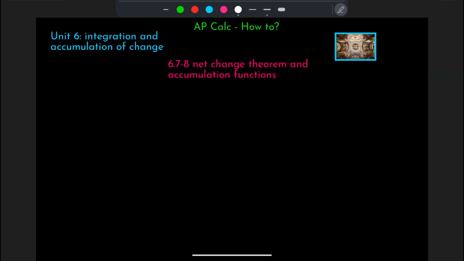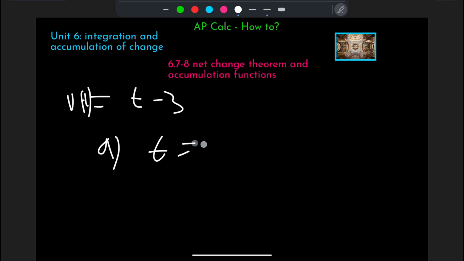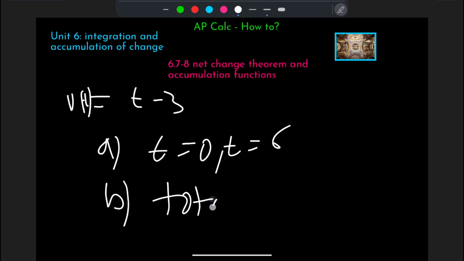So if we have a particle moving along a line with velocity v equals t minus 3, the net distance traveled from t equals 0 to t equals 6 is what we're finding, as well as total distance, net versus total. Go ahead and pause the video, see if you can do it yourself. So let's try it.